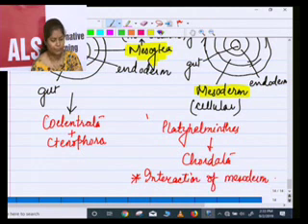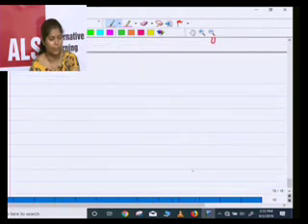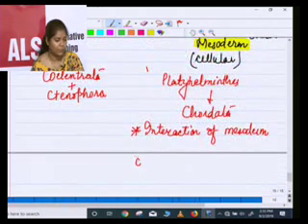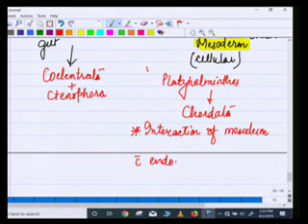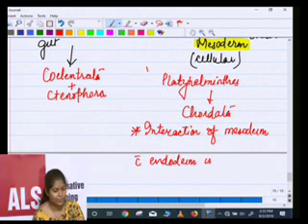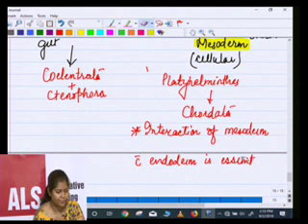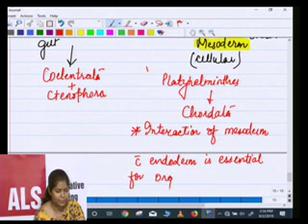Mention: interaction of mesoderm with endoderm is essential for organ formation.